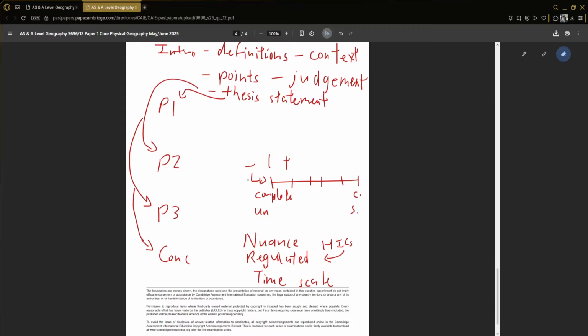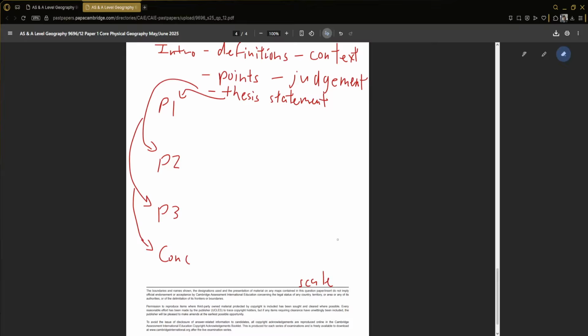So as you can see, that argument has to be furthered out. So if that's your argument, you have to talk about regulation in P1, P2, P3, and other things. Obviously, you can talk about more evaluative points in your essays. You don't have to stick strictly with the thesis statements, but make sure you have that link throughout.